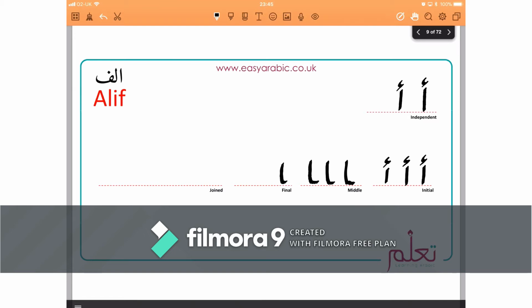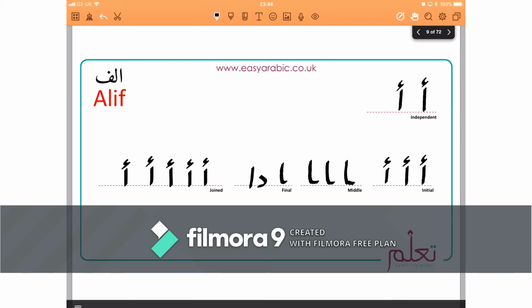So if we had, for instance, the dal, then the alif would look like this, or a ra. So in joined up form, it's exactly the same. Hamza on top, alif again, and again, and again. Okay, so that's the letter alif.